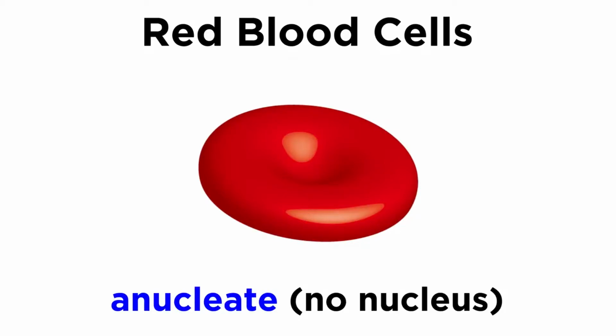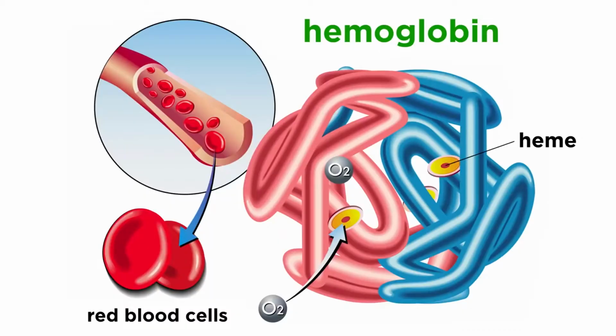There is no nucleus, not much of anything inside other than lots of hemoglobin. This is the protein that allows for the transport of oxygen throughout the bloodstream, which is picked up in the lungs and then released for tissue cells throughout the body. There are other proteins as well that have structural or protective functions, but hemoglobin will be the focus here.